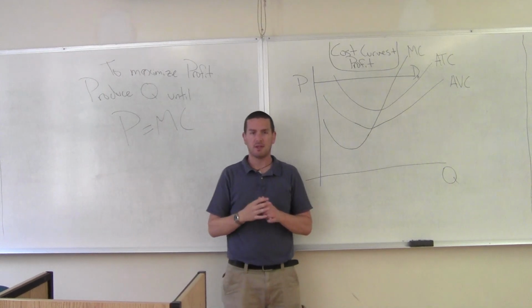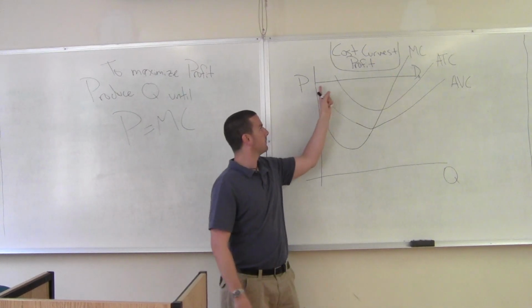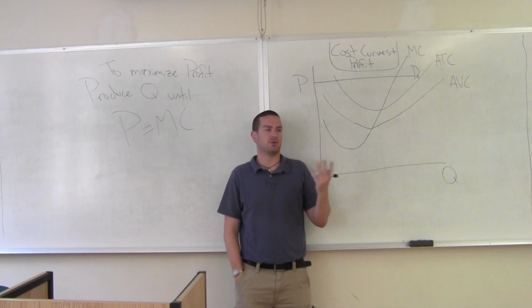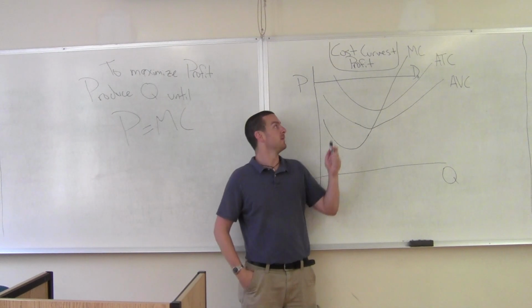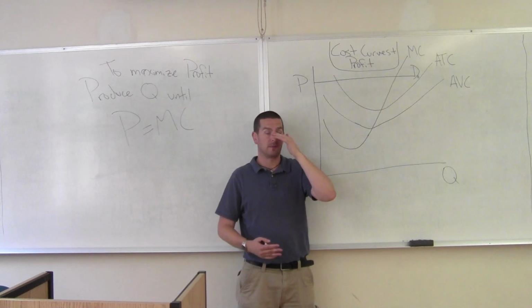So let's say that this is the demand curve facing any given individual producer. He produces corn, he produces lemonade, whatever. That's the demand curve facing him, or her.